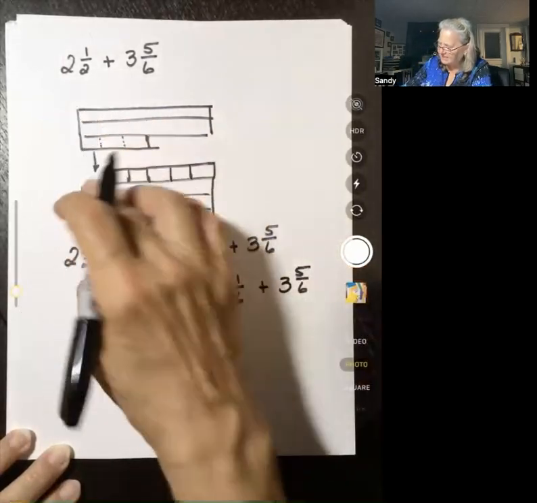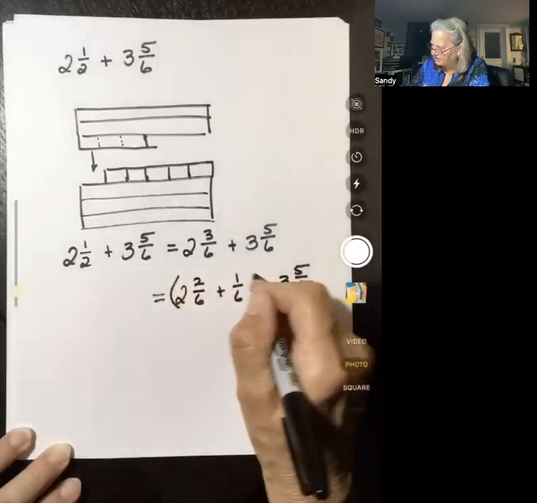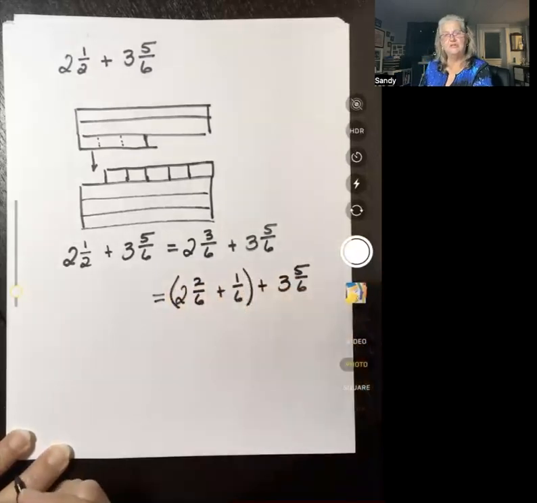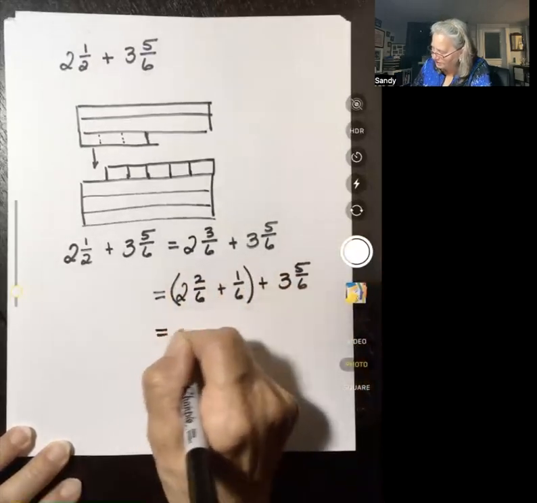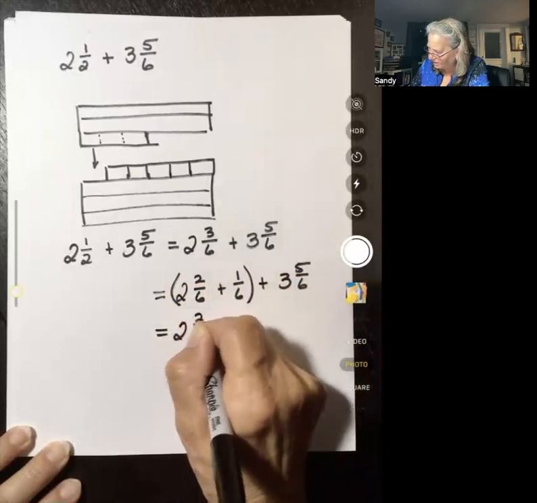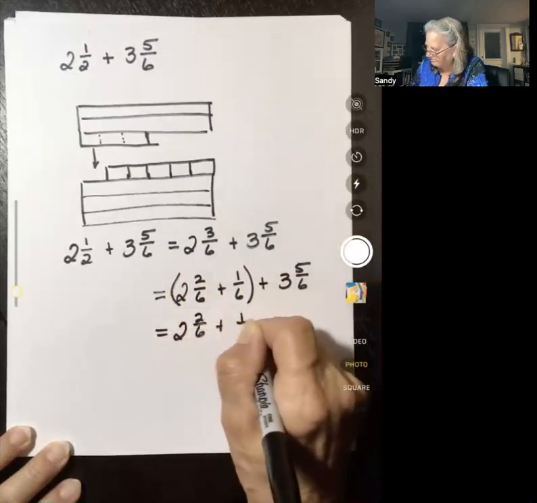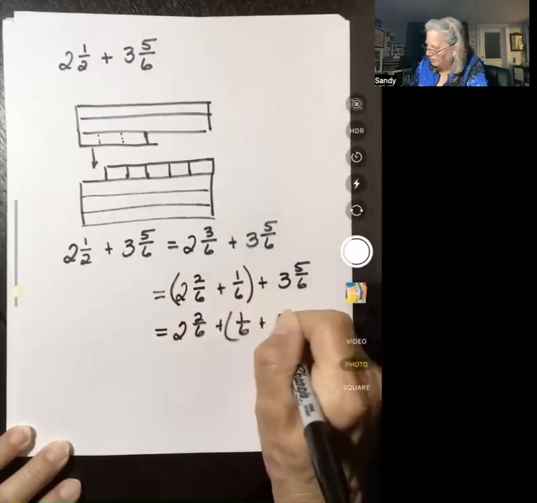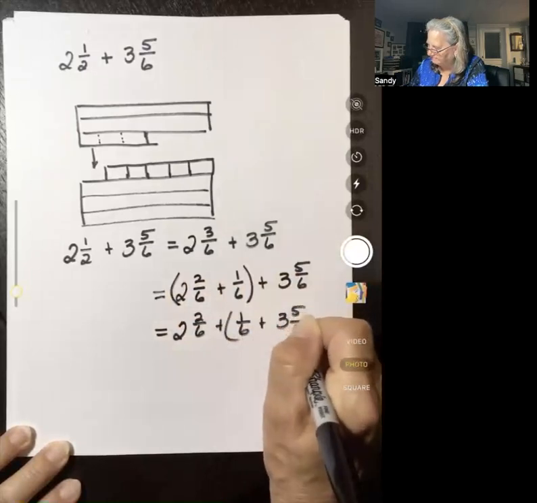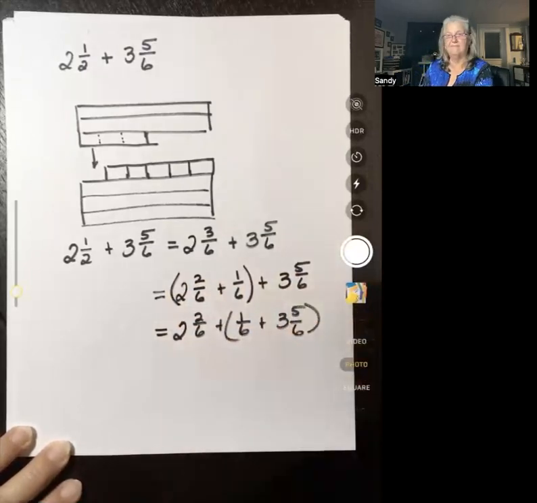But when I slide this down, instead of associating 1/6 with 2 and 2/6, I'm going to associate the 1/6 with the 3 and 5/6. See, it's the representation of the associative property.